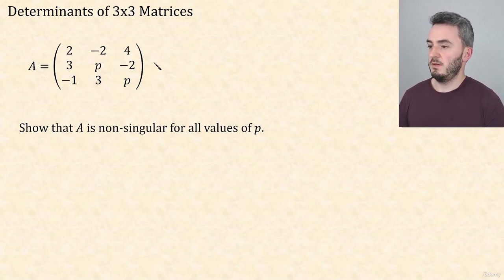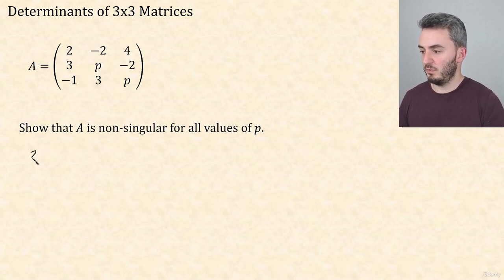Well, we know how to calculate these determinants now. We run across the top row, so it's 2 times the determinant of the little submatrix here, which is P minus 2, 3P.